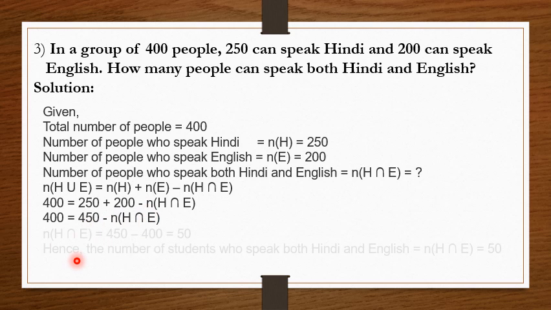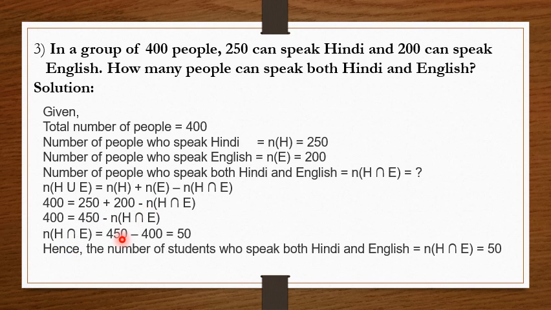So n(H ∩ E) is 450 minus 400, that is 50. So the number of people who speak both Hindi and English is n(H ∩ E), which is equal to 50.